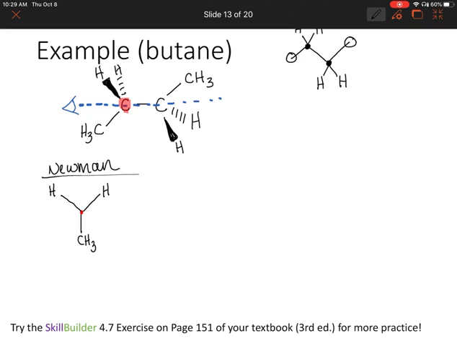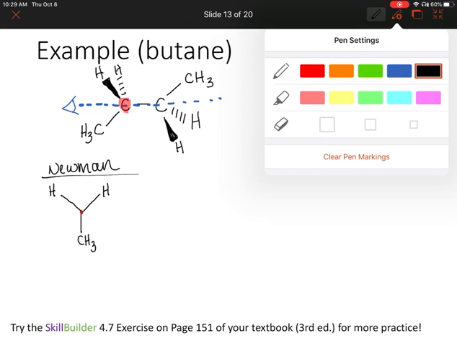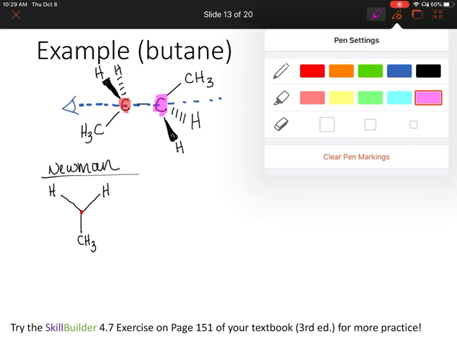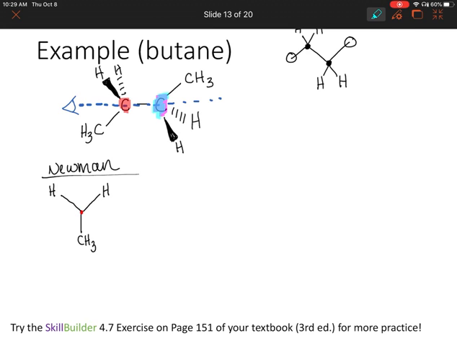Okay, so now let's draw our back carbon, and that will be, let's do purple. Oops. Oh, I don't have purple. We'll do that in blue. Okay. All right, so that's our back carbon.